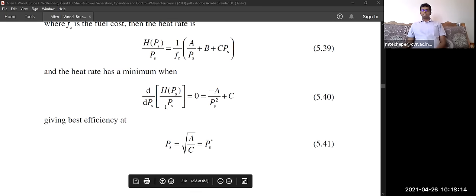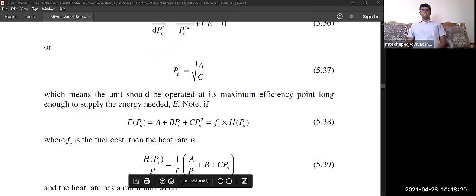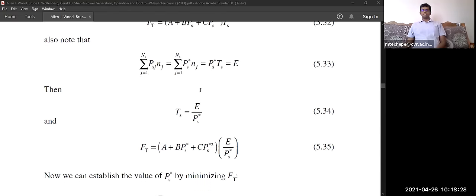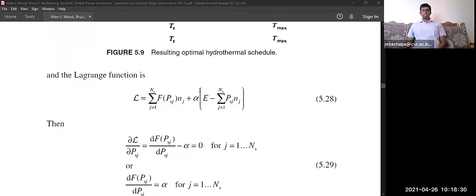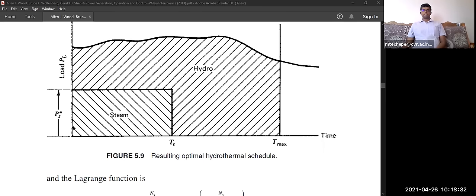The heat rate gives the best efficiency at root of a divided by c, and the fuel cost also gives the best efficiency at root of a divided by c, that is the optimum power generated from these steam generating units.